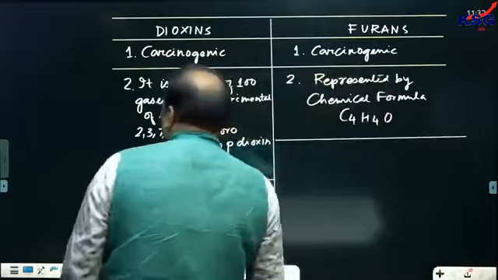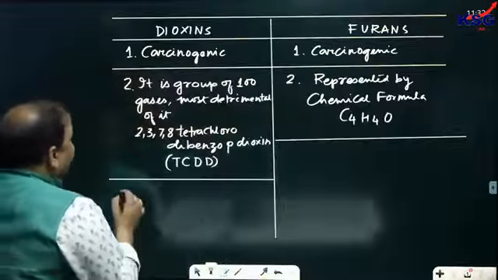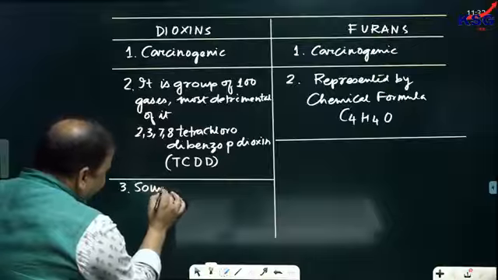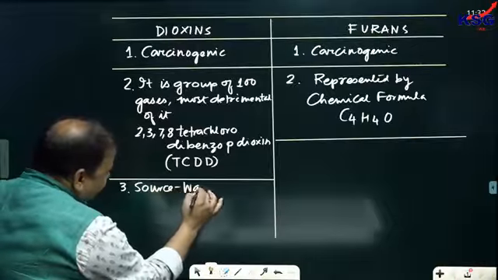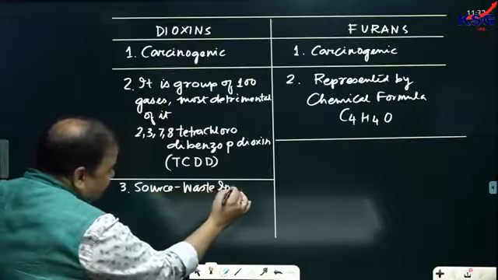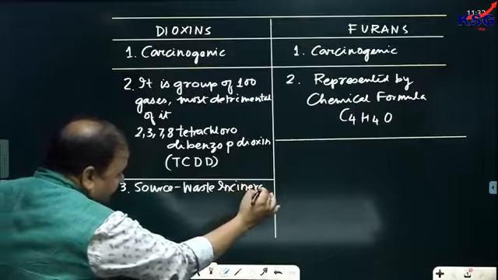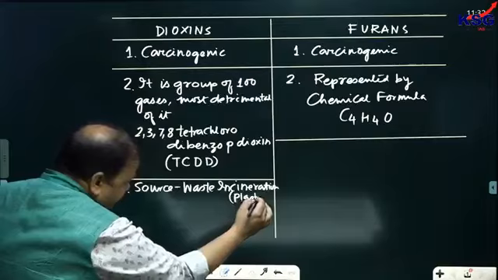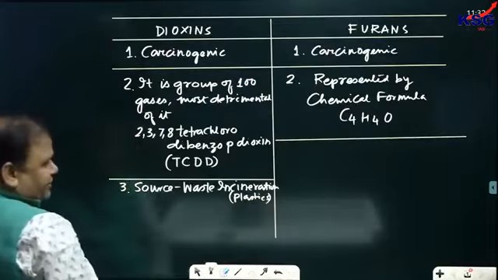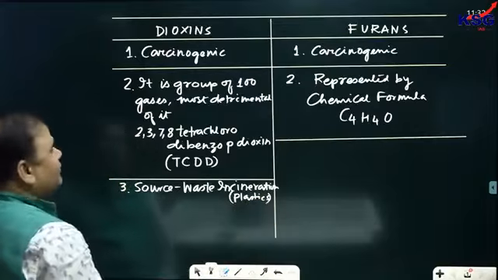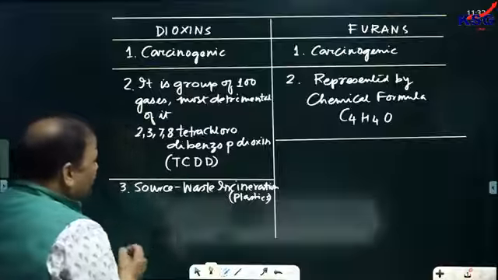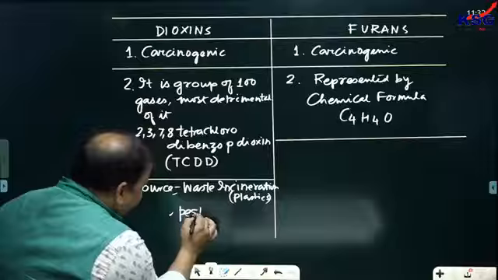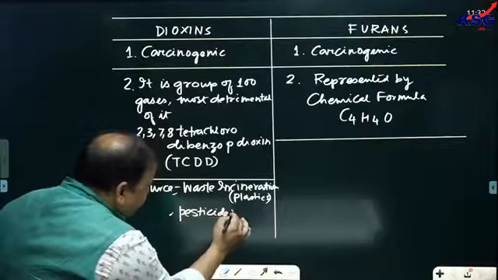As far as dioxin is concerned, the source of dioxin is not only waste incineration, and particularly in waste incineration we say that plastic waste is responsible for emission of dioxins and furans. But the source also happens to be pesticide making.